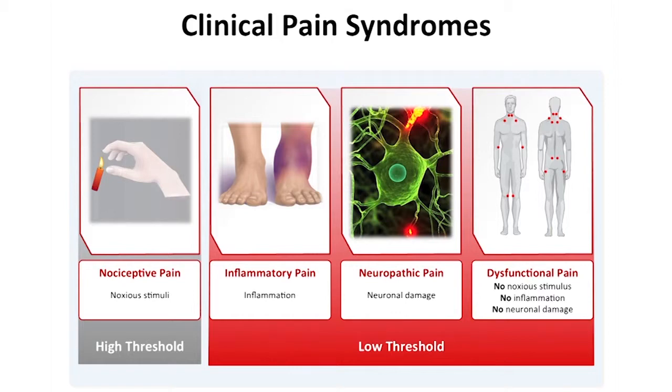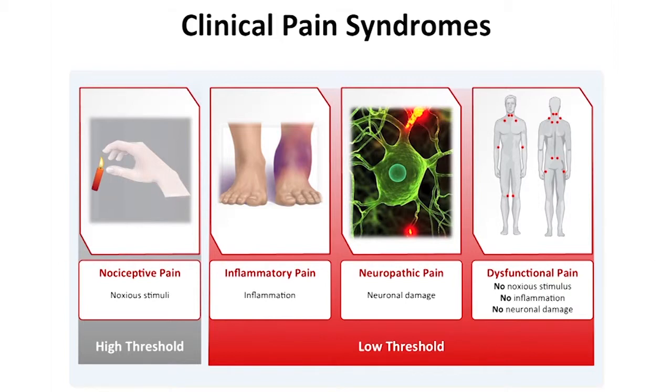We can further look at clinical pain syndromes as having several major subtypes. One subtype is inflammatory pain, the pain associated with tissue damage and inflammation. Another is neuropathic pain, which is the pain that occurs in the presence of damage to the nervous system itself. And this can be damage either to the peripheral or to the central nervous system.